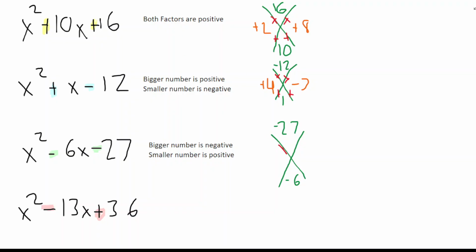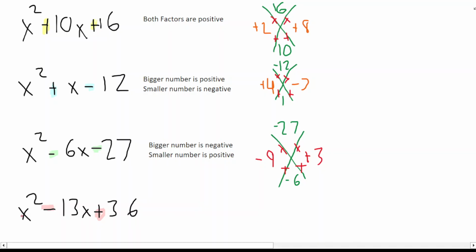So once again, two numbers that multiply to negative 27 and add to negative 6, that is going to be negative 9 and positive 3, because I must have one negative and I must have one positive.